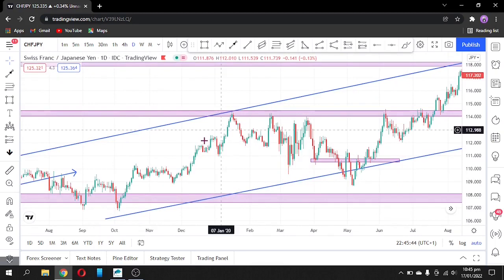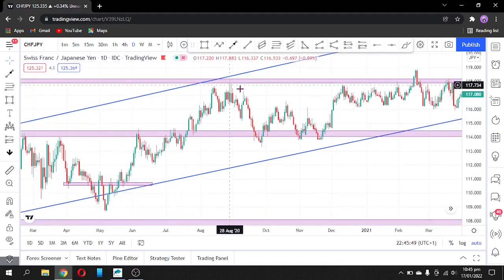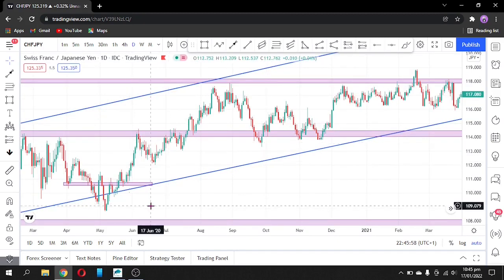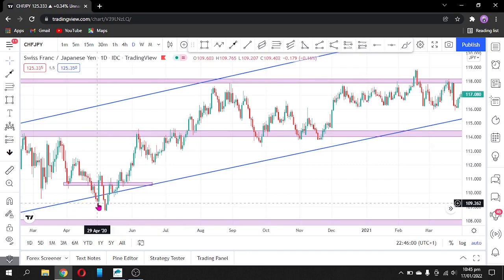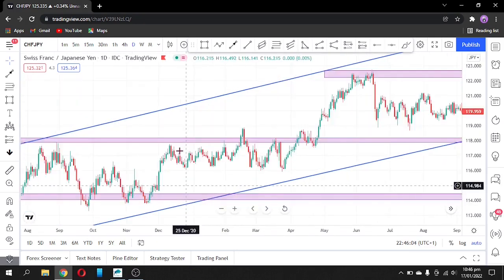This is the higher high, this is the higher low, and when it touched this resistance, it did not pull back below the previous low of the chart. So continuously price continued pushing up.